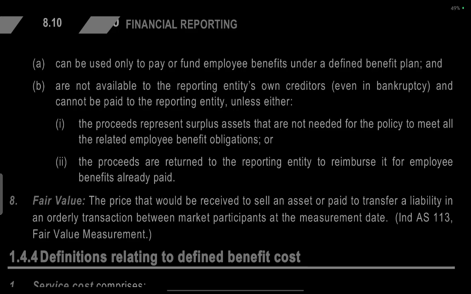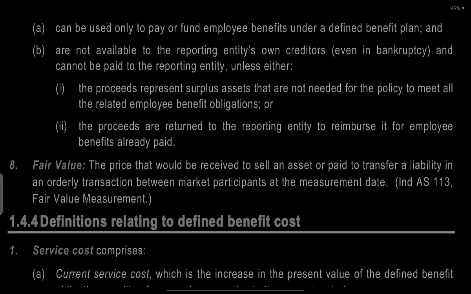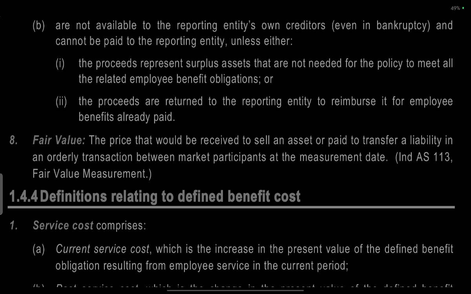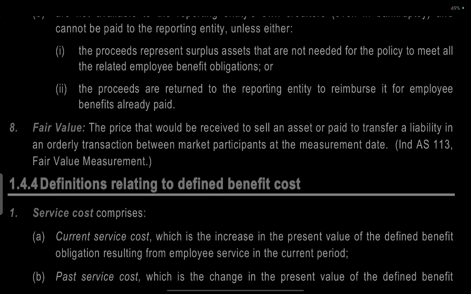It is not available to the reporting entity's own creditors and cannot be paid to the reporting entity unless either the proceeds represent surplus assets not needed for the policy to meet all the related employee benefit obligations, or the proceeds are returned to the reporting entity to reimburse it for employee benefits already paid.